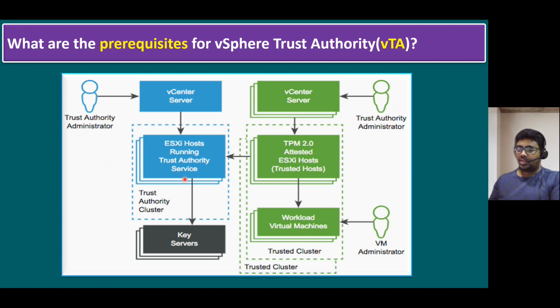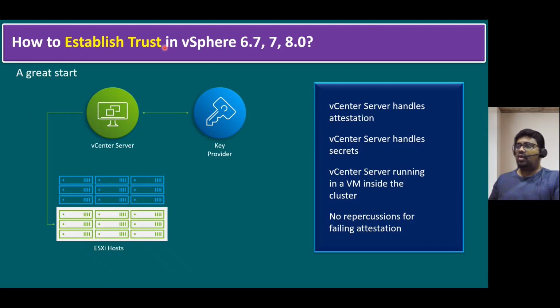Okay. Now, another point is how to establish trust in vSphere 6.7, 7, and 8.0. One quick great start is within our vCenter. Let's say we do not have a TPM hardware device in our hardware, even in our lab system, we do not have a TPM device. In that scenario, VMware gives one option, the key provider. This key provider, we call it the vSphere Native Key Provider.